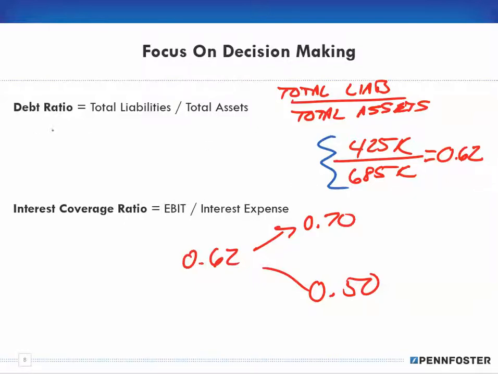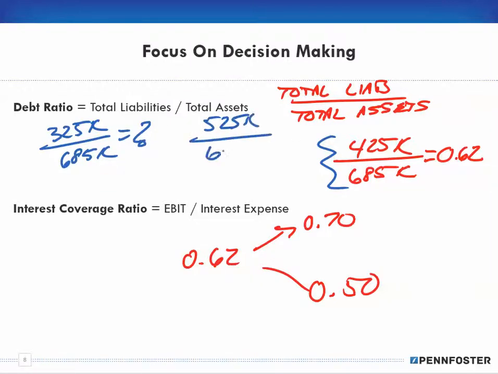Well, instead of having 425,000 in liabilities, say I had 325,000. What would that end up being? How much would that be? What would be the effect? Or instead of 425, call it 525 in liabilities over 685,000. What would that be? Or you can change the assets. So you can increase your liabilities or decrease your liabilities and see the effect.